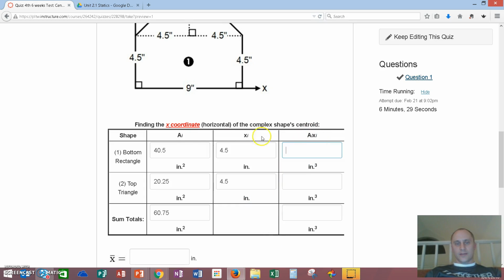This is simply asking us to multiply the area times the centroid location for the rectangle. So if we multiply 40.5 times 4.5, 4.5 times 40.5 is 182.25.